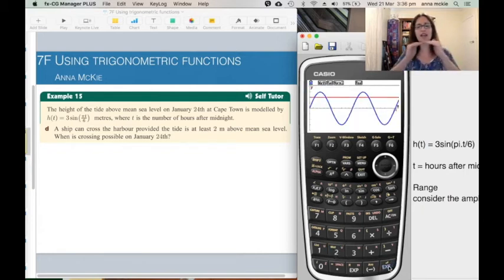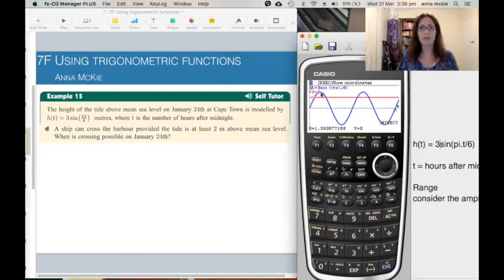There you are. So now you've got an idea that the ship can cross the harbour when the water line is above the red line, if you like. And so there's 2 windows when that can happen. You can see my mouse cursor here. It's between these points. And so when is it possible? So we need to find the intersection points of these 2 graphs.